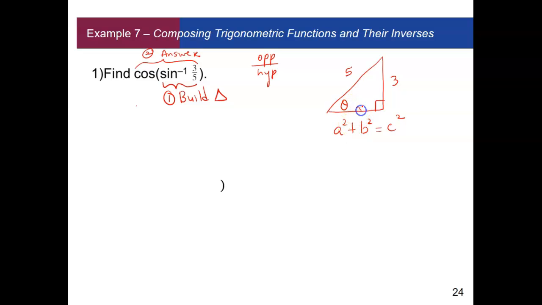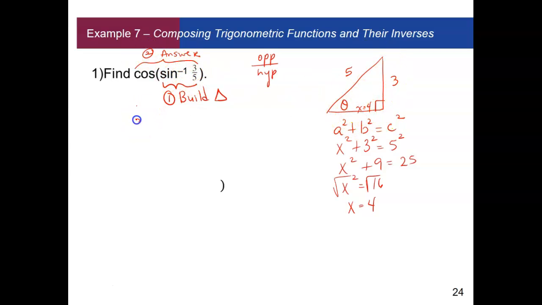So this side will be x. So x squared plus 3 squared equals 5 squared. So we get x squared is 16. We don't really have to worry about the negative because we aren't going to have a negative that's the length of a side of a triangle. So this side then is going to be 4. Okay, so we've used this part to build our triangle.